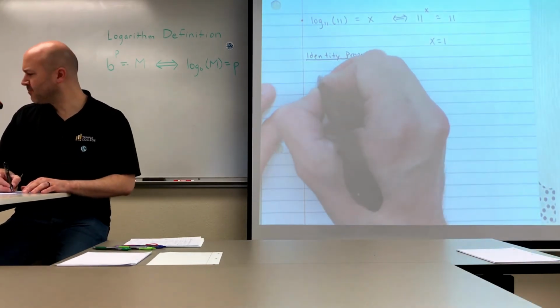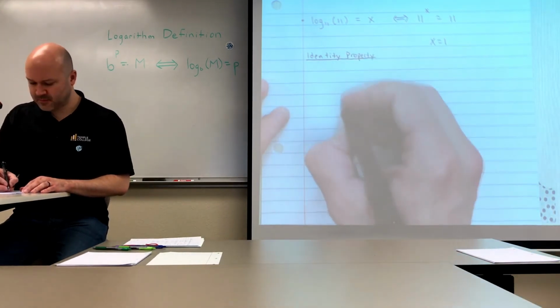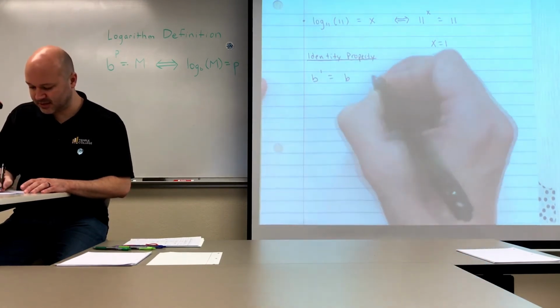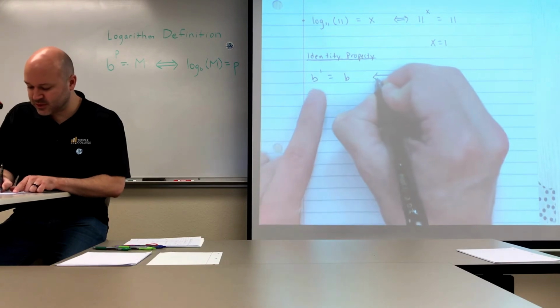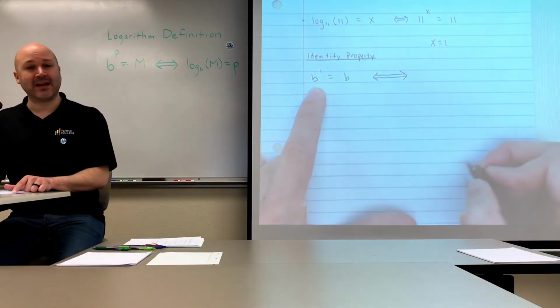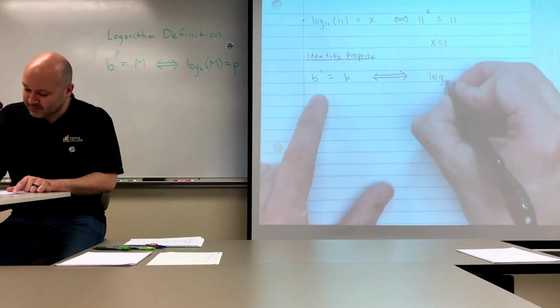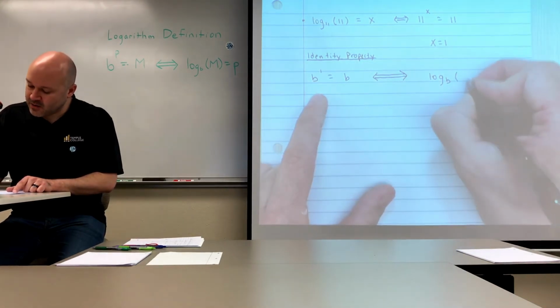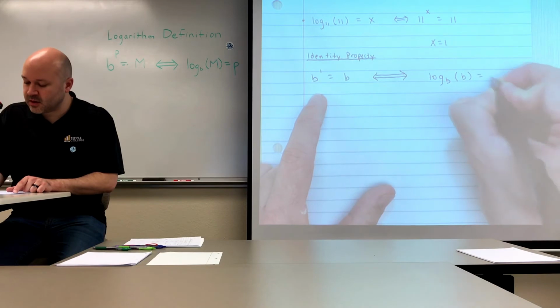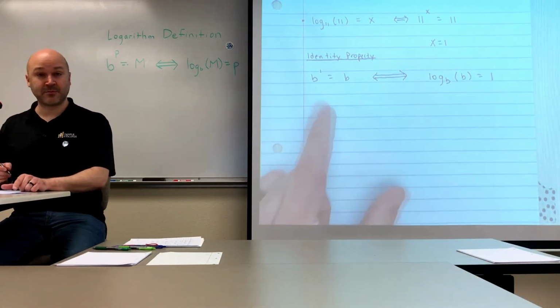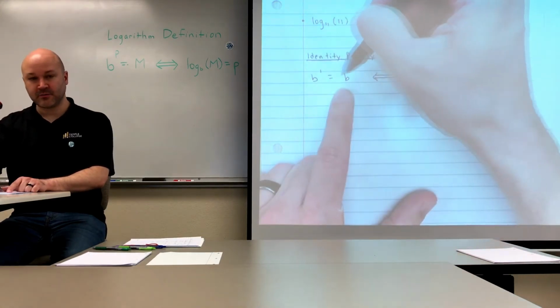So if you have any base to the first power is equal to the base, so that's in exponential form. Rewriting that in logarithmic form, I have log base b of b equaling 1. Exponential form, b to the power equals b.